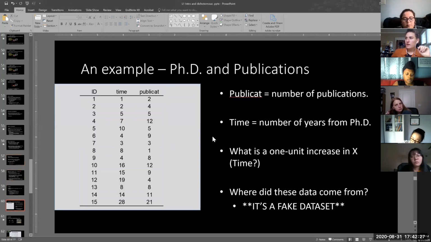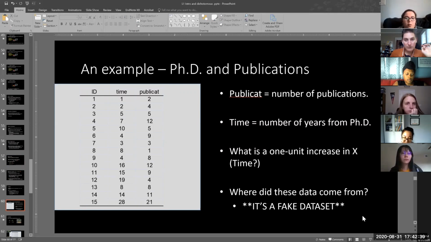So here is an example data set, so I can walk you through how this looks and how it works. Here I have 15 fake people, and this time variable represents the number of years it's been since they earned a PhD. Here's a person who's 1 year out. Here's a person who's 10 years out, 28 years out.